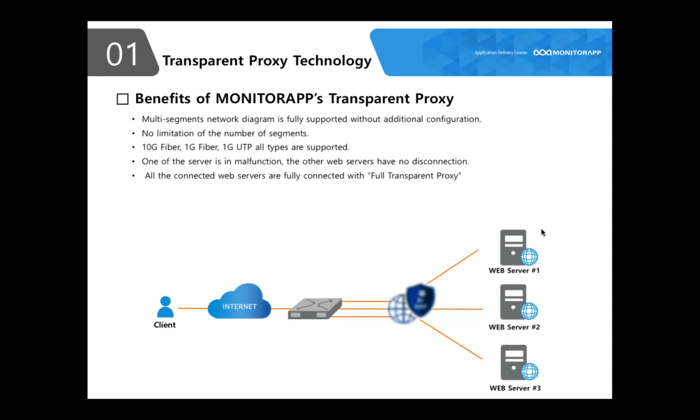If you have really many switches or web servers in the network system, you don't have to reconfigure or set up the network system, because Monitorapp products have full transparent proxy: configuration and cable connection, that's all. Even if you have hundreds or thousands of web servers. Configuration, connection, that's all. Really easy to use.